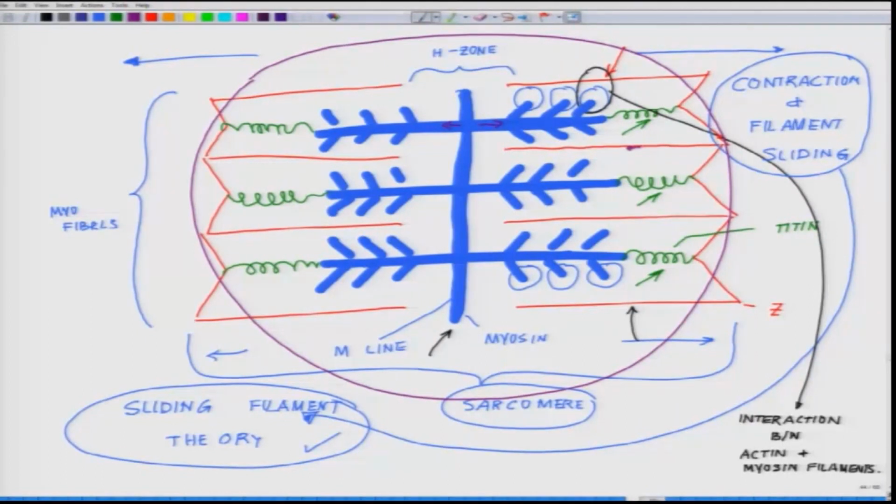Essentially, we are going to start with the structure of actin and myosin filaments.